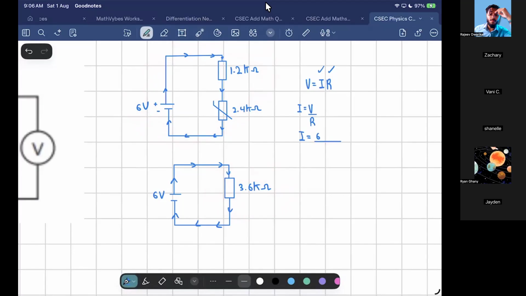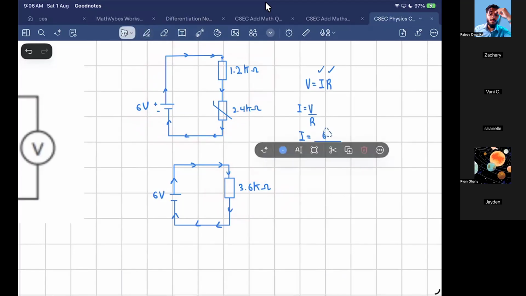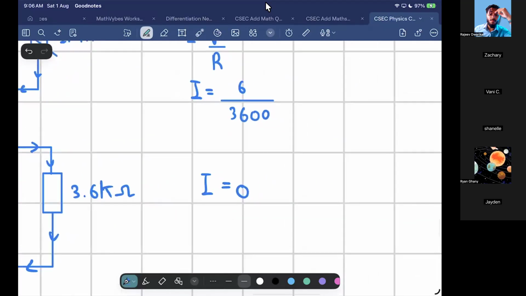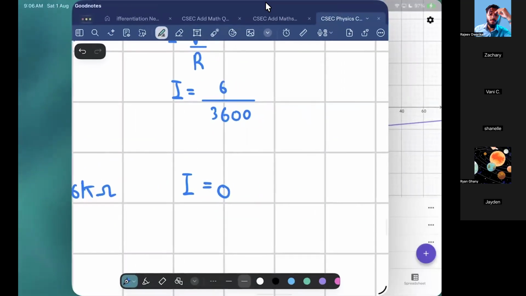So that'll be 6 over what now? 3,600. What would I get? 0.0017. What did you get? 0.00166. 167.